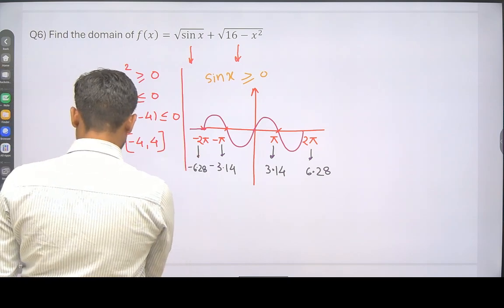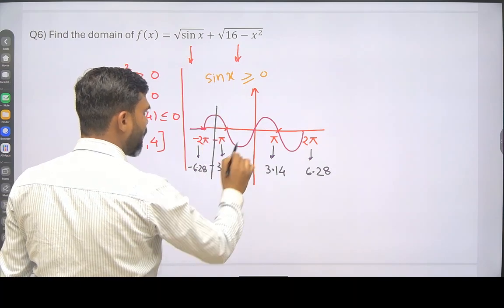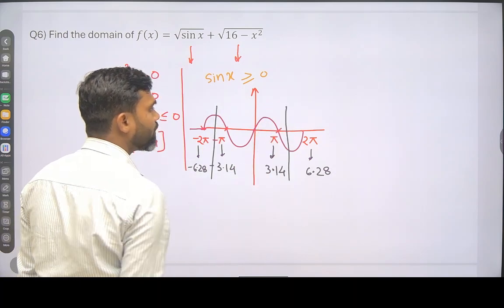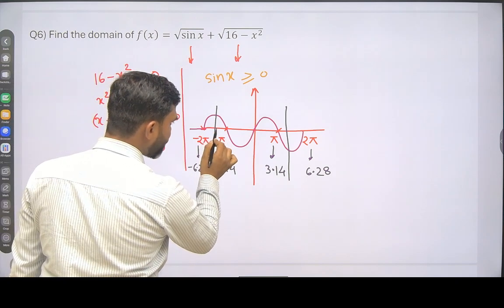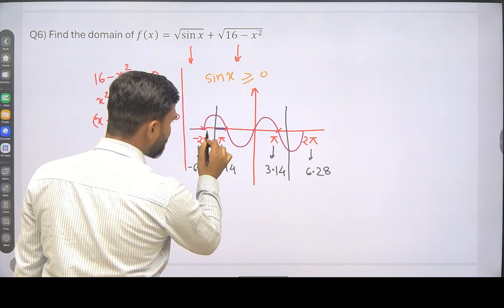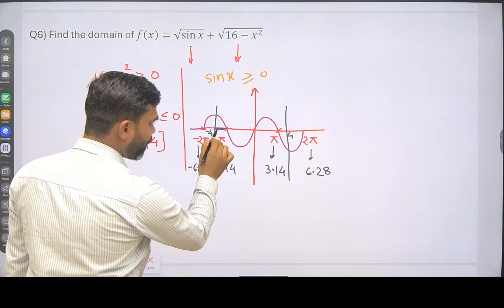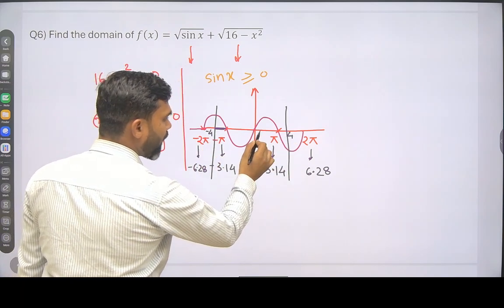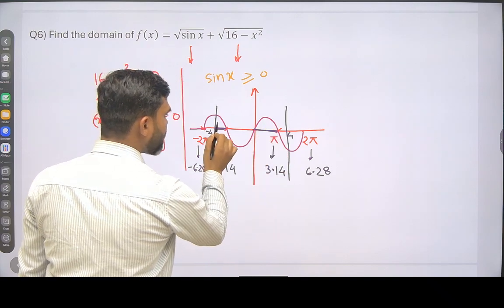So see, minus 4 will be somewhere here and 4 will be somewhere here, right? Now we have to take positive, right? So this region will come, this is minus 4, right? And this is 4. So from minus 4 to minus pi, this region is going to come, because in this region it is positive.